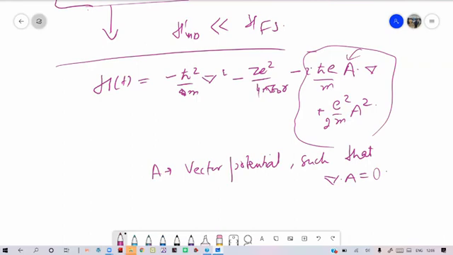A is a vector potential which satisfies the Coulomb gauge.